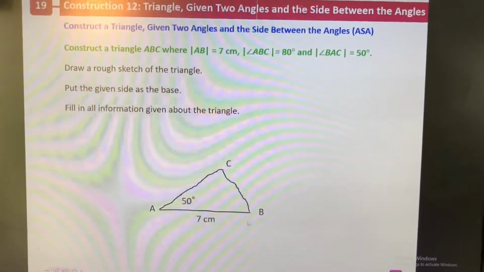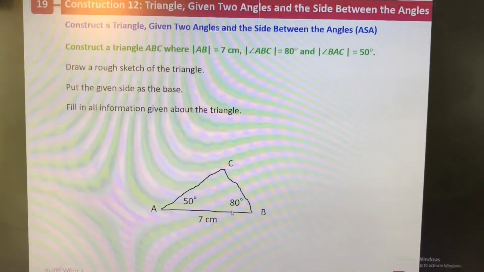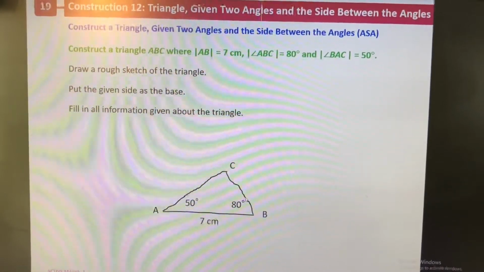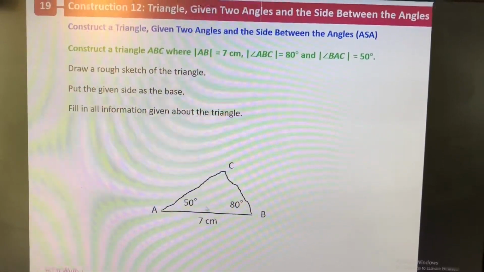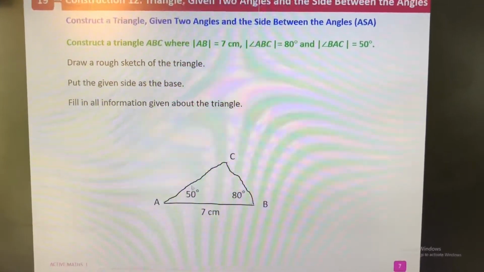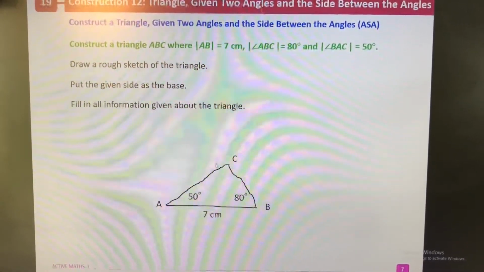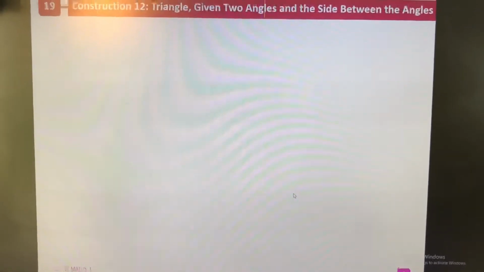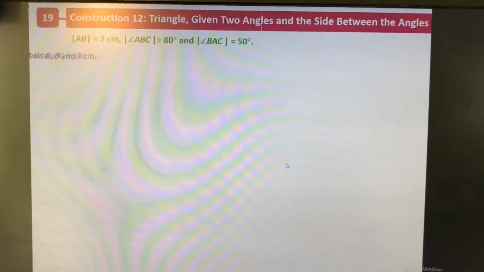And then the remaining angle, we were told, sits at B. And again, that's acute, 80 degrees, a little bit steeper than this one. So it will look something like that. So again, this looks scruffy, but it's there just to highlight to you that it is just a sketch. It's not accurate at this point. So now we can move on to the actual construction.